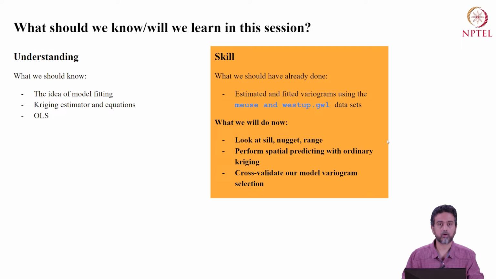You will need at least a passing recollection of Kriging estimators and Kriging equations, the process of Kriging, what it means and what it does, and of course know what ordinary least squares is. It's not necessarily covered in this course, but it will be helpful because we will be using it in today's session.